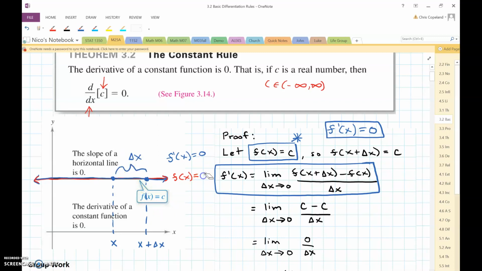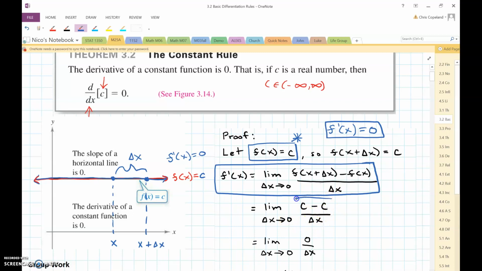And we'll say that this is equal to c. So we're just going to substitute in here. So now we know that f of x plus delta x is c, minus f of x, which is c, all over delta x.